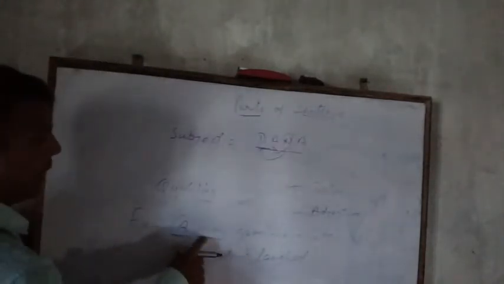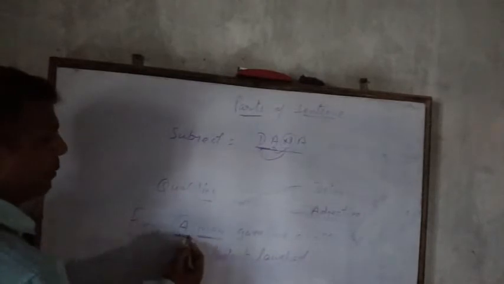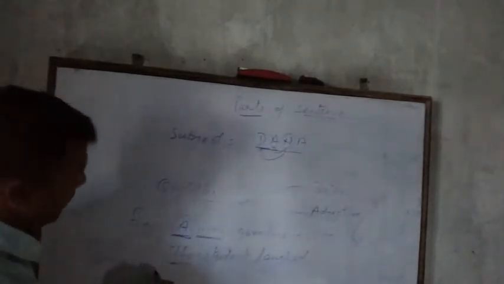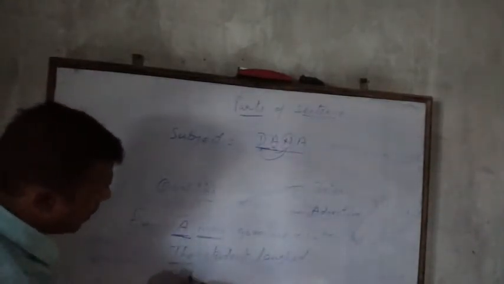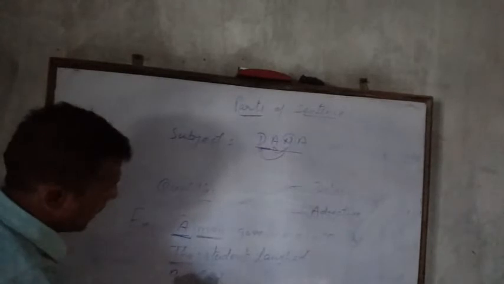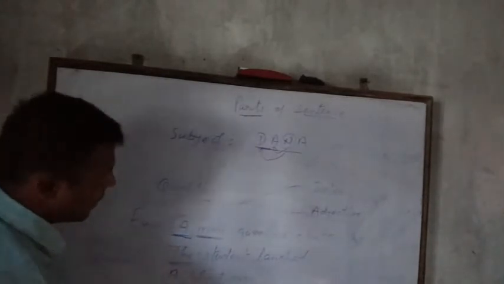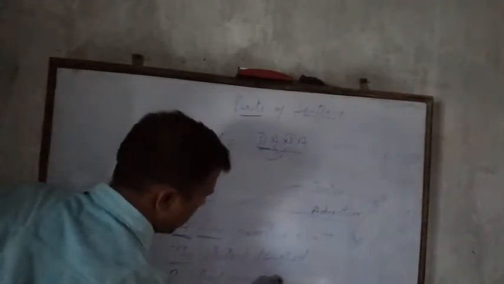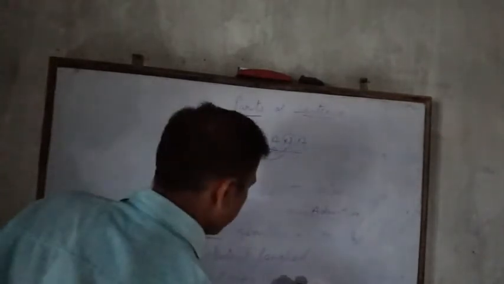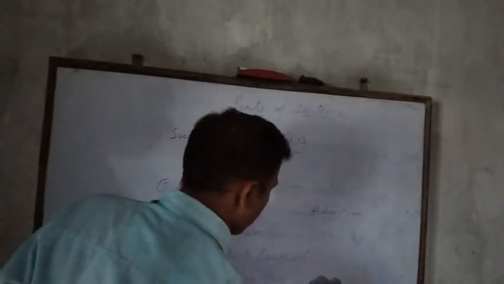Like here, a man gave me a ball. Only determiner is there. Now, how do we use an adjective here? Let us see. For example, a blind man gave me a ball.